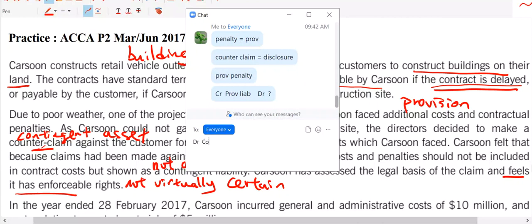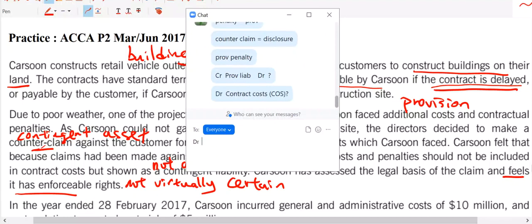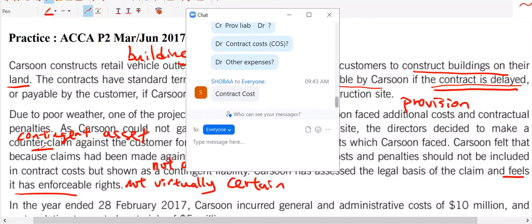Do I debit to contract cost, which is cost of sales, or do I debit to other expenses? Okay, Shubha says contract cost.